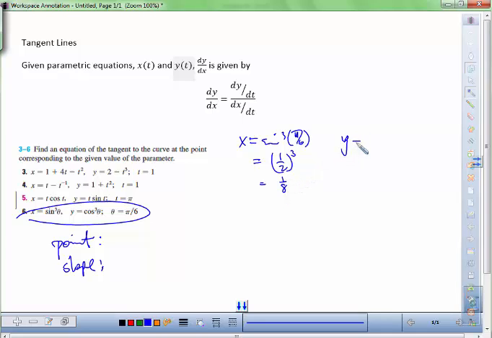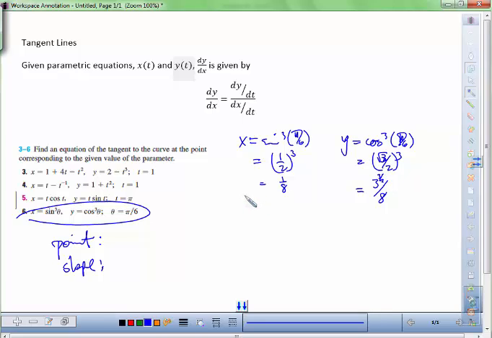And the y is cosine cubed pi over 6. And cosine is root 3 over 2. Root 3 over 2 cubed. So I'll just say 3 to the 3/2 over 8. So that's your point.